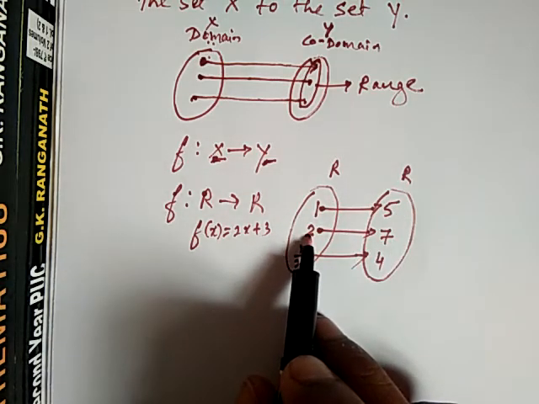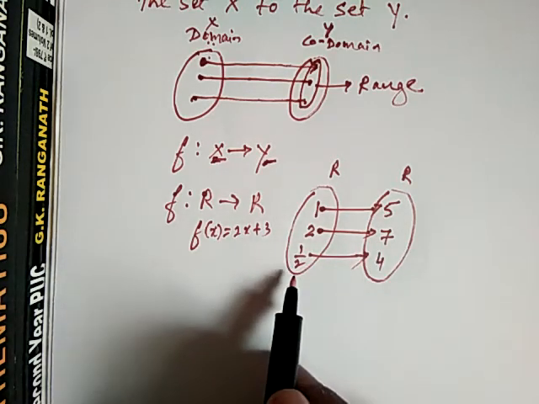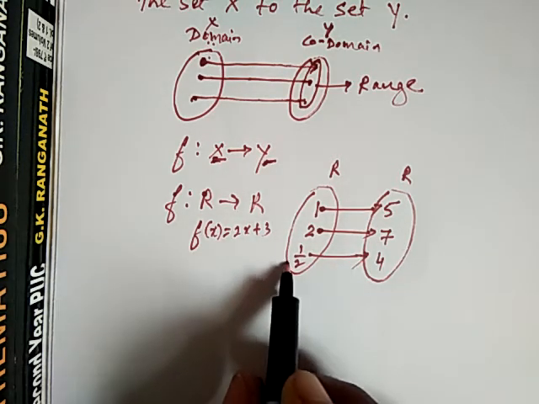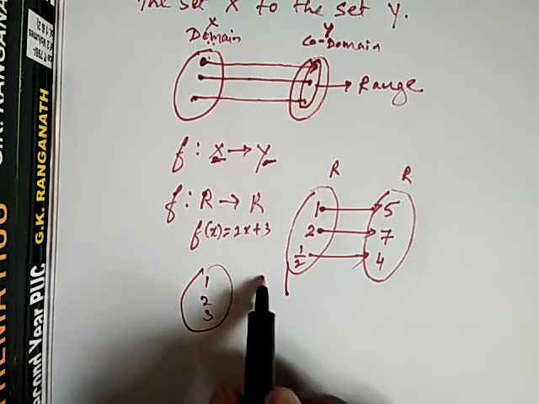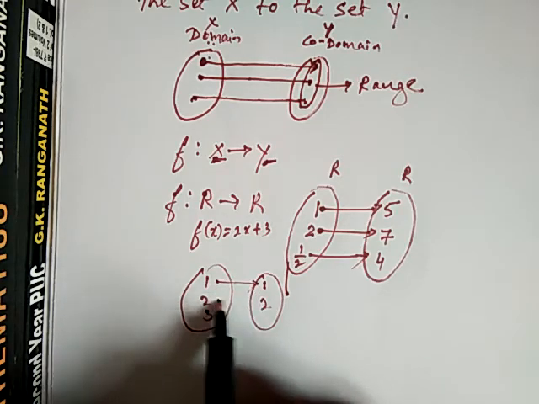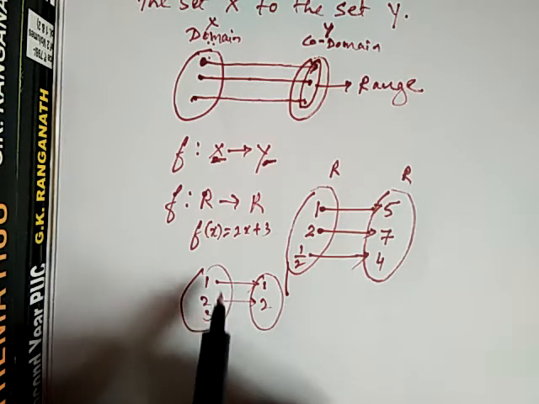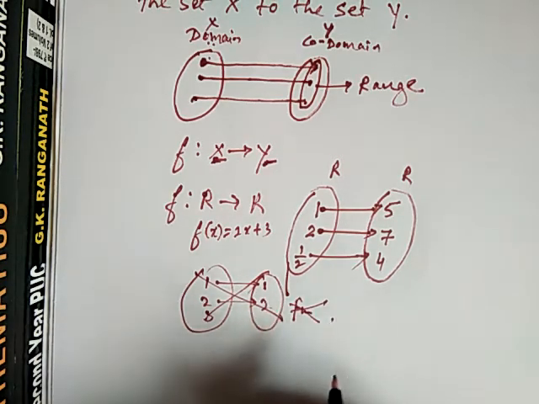Similarly, if you put in 2, you get 7. Suppose I extend this and write 1, 2, 3, and only 1 and 2 have images. Then 3 does not have any image, which means it is not a function. Now we will learn the types of functions.